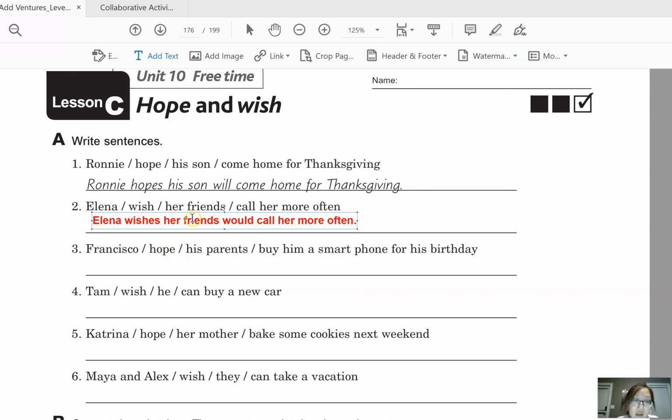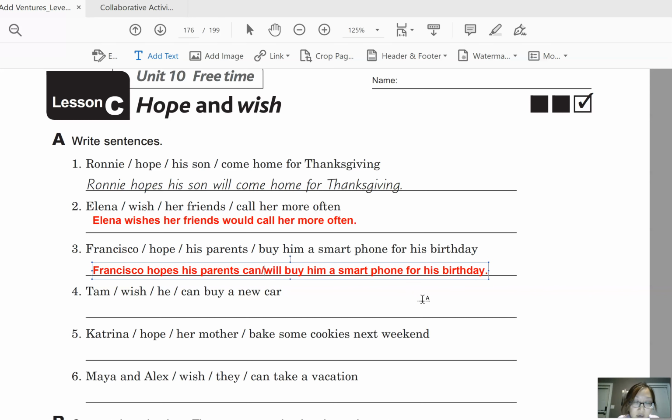Okay, number 3, you can say Francisco hopes his parents can buy him a smartphone for his birthday. Okay. And also, you can use will, okay, rather than can. Actually, yeah, will is probably the better word to use here.